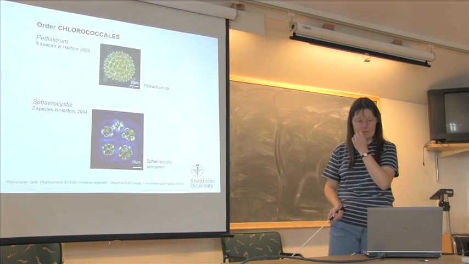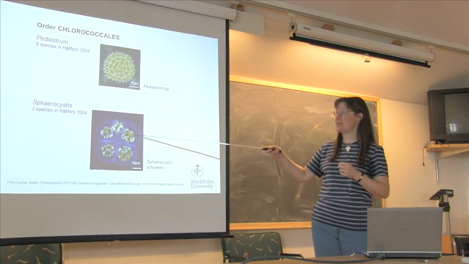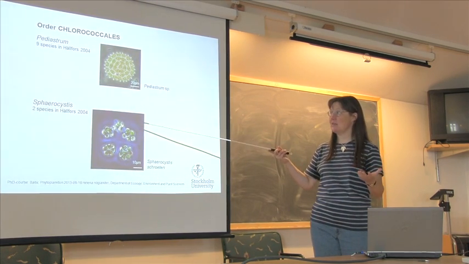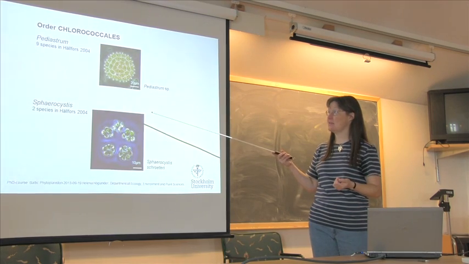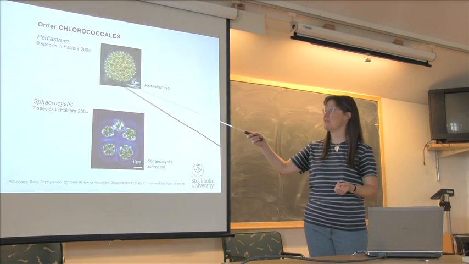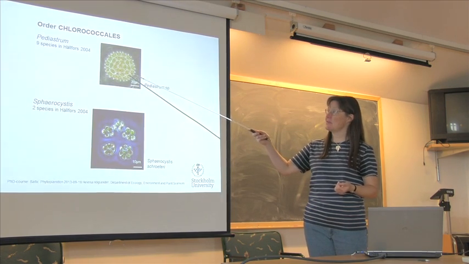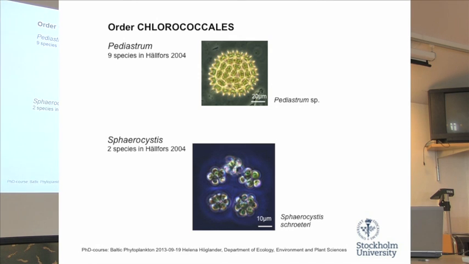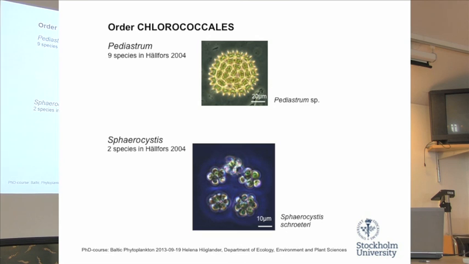And then we have these, mostly in coastal areas, but just to see the variety of the green algae, we have Pediastrum. These are called coenobia, small cells with different forms that are connected together to form the colony. They have the outer cells in another shape than the inner cells.